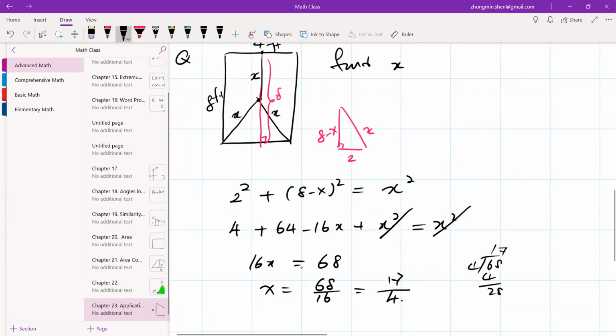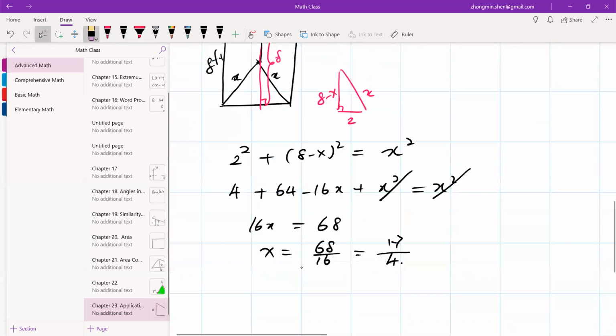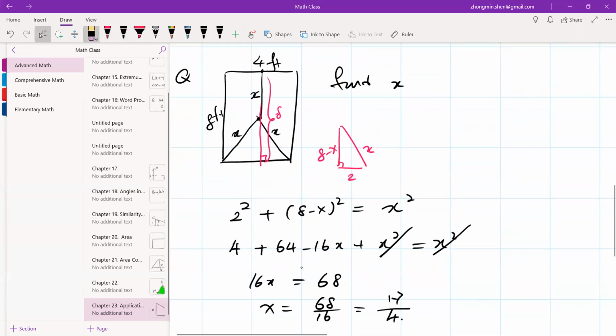So this is a fraction. It's not going to be an integer. Then you estimate this number, then you can use the ruler to find the point in the middle, then you make a hole, and that one has an equal distance to all the points.